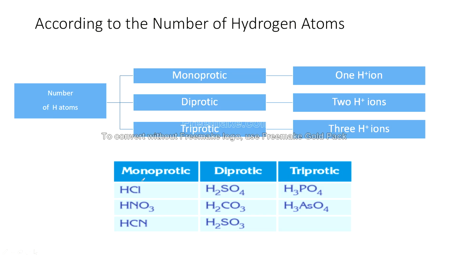I have a few examples for the classification of acids according to the number of hydrogen atoms. We have monoprotic: hydrochloric acid, nitric acid, hydrocyanic acid. For diprotic we have sulfuric acid, sulfurous acid, and carbonic acid.